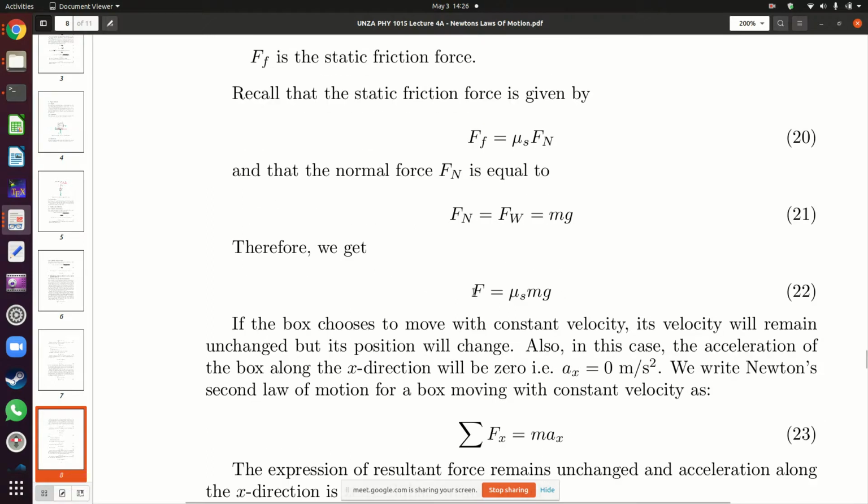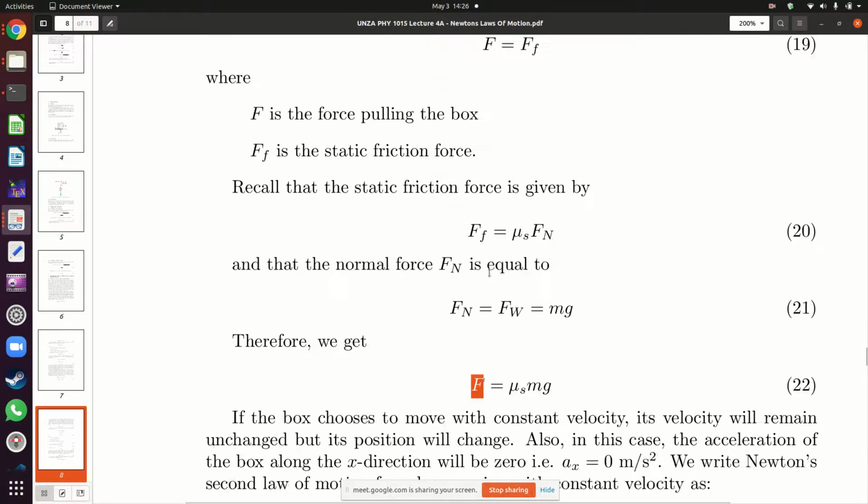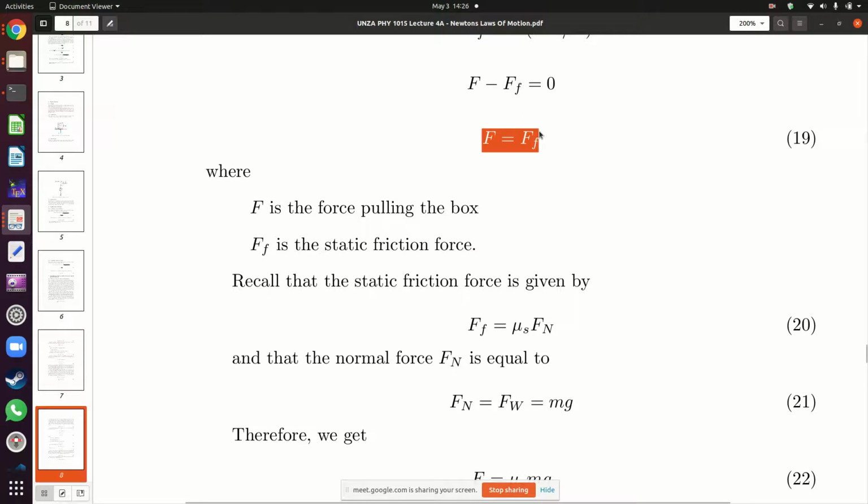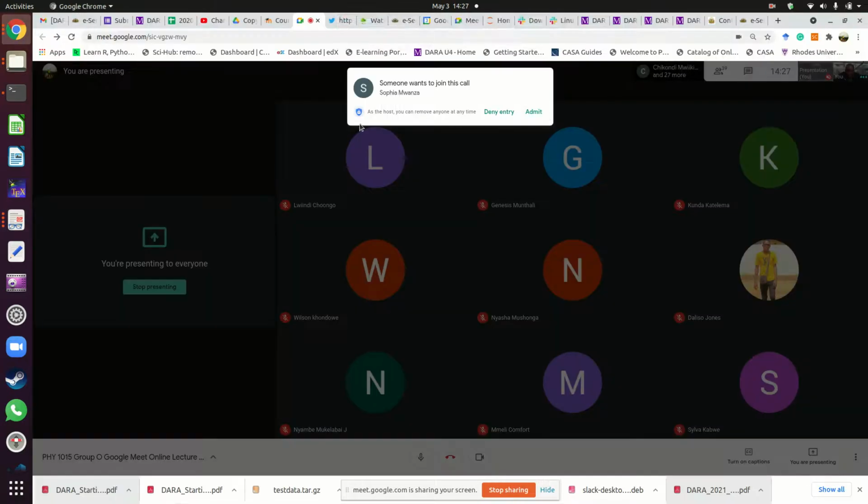So basically, this is the conclusion we make here. You have an object lying on the floor, then you try to pull it or push it, but it refuses to move. The reason it refuses to move is because the force you are pulling with is equal to the friction force. If the pulling force is equal to the friction force, then you don't get any acceleration.